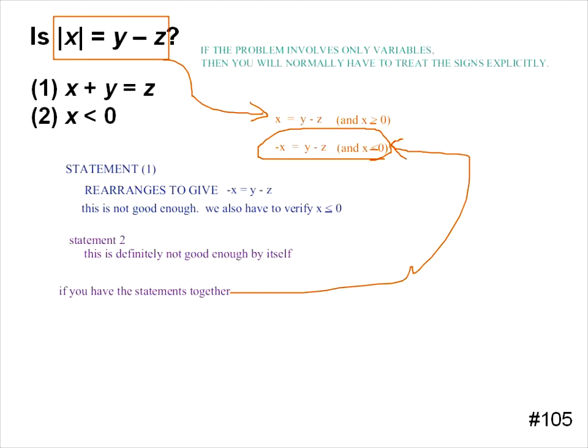So notice the upshot of this, the reason I'm showing you this slide, is the following. If you get an absolute value equation with nothing but variables, you may indeed have to consider the signs of the variables.